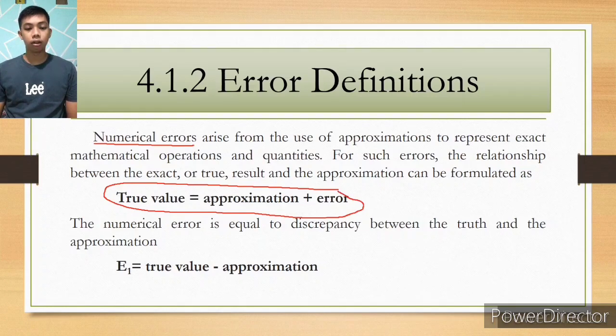The numerical error is the discrepancy between the truth and the approximation: Et = true value minus approximation.